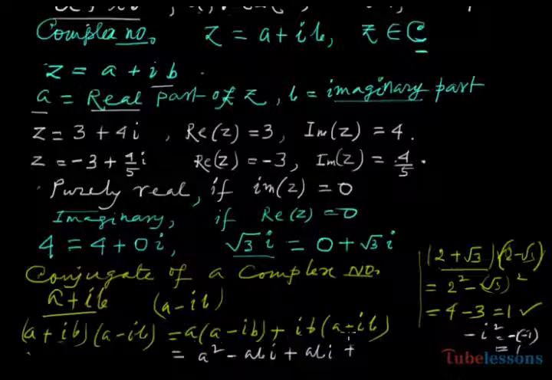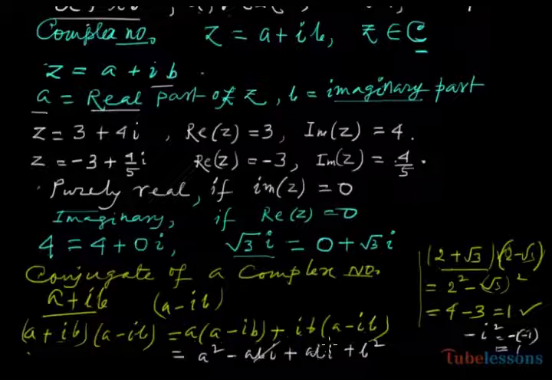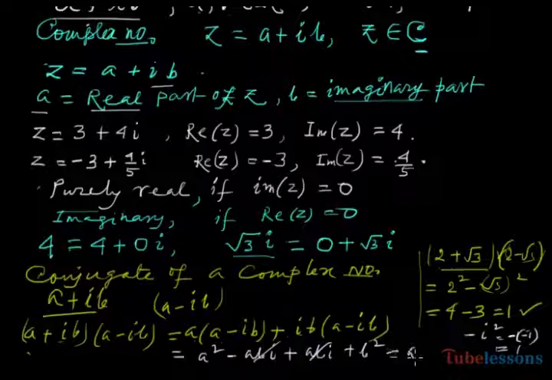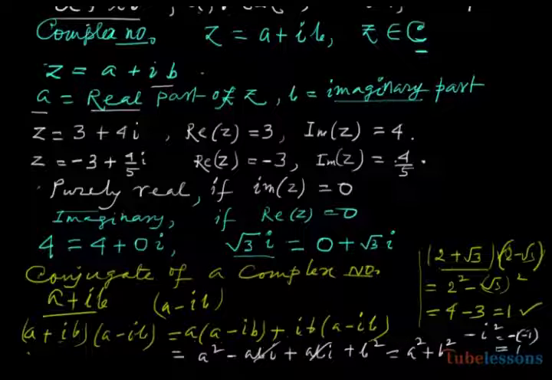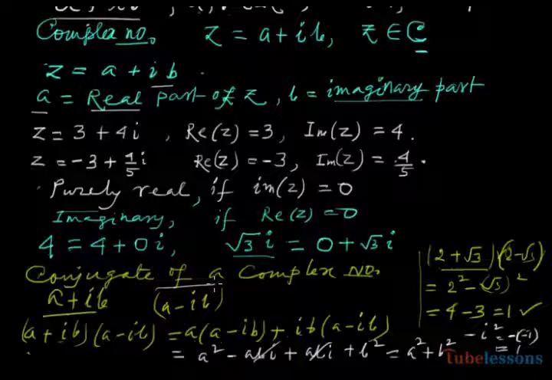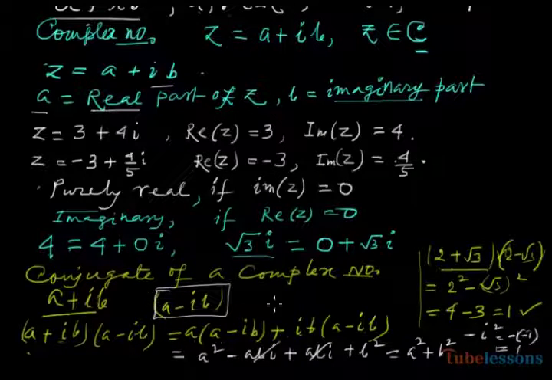So it becomes plus b square. Now we can cancel these two parts, so we get a purely real number. So the conjugate of a plus ib is a minus ib. This is the conjugate of a plus ib.